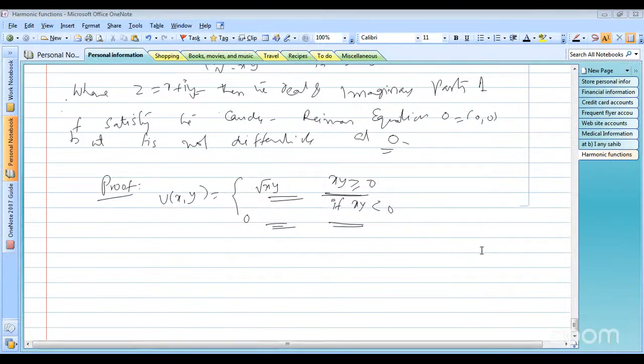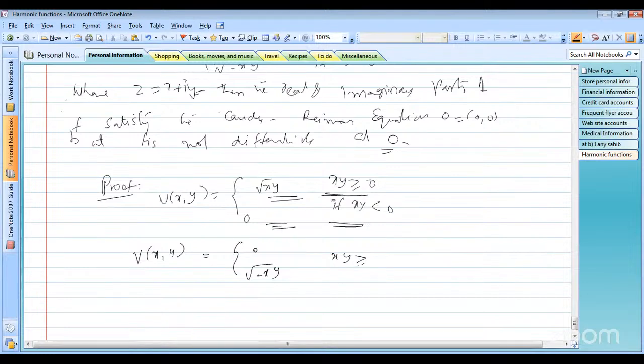And v(x, y) I'm taking here is 0 if xy is greater than or equal to 0, and root of minus xy if xy is less than 0.